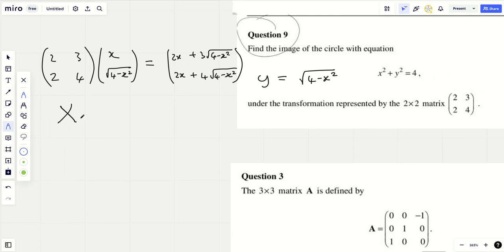I'm going to use capital X and capital Y. You can use X dash as well because it means the same thing. It's a transformed point. Capital X is 2x plus 3 root 4 minus x squared, and capital Y is 2x plus 4 root 4 minus x squared.